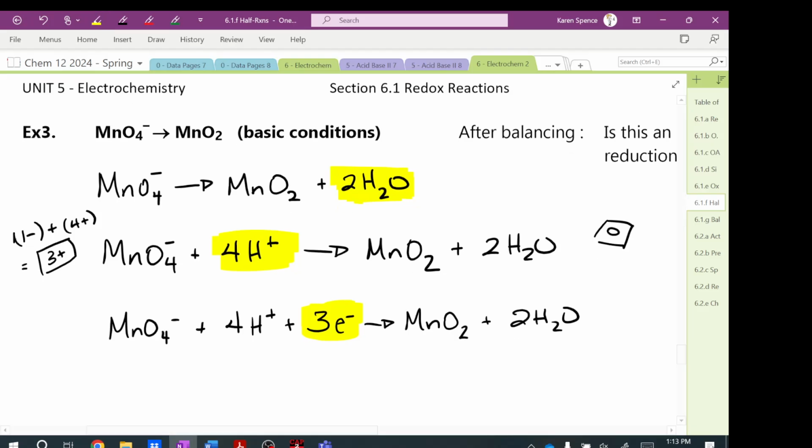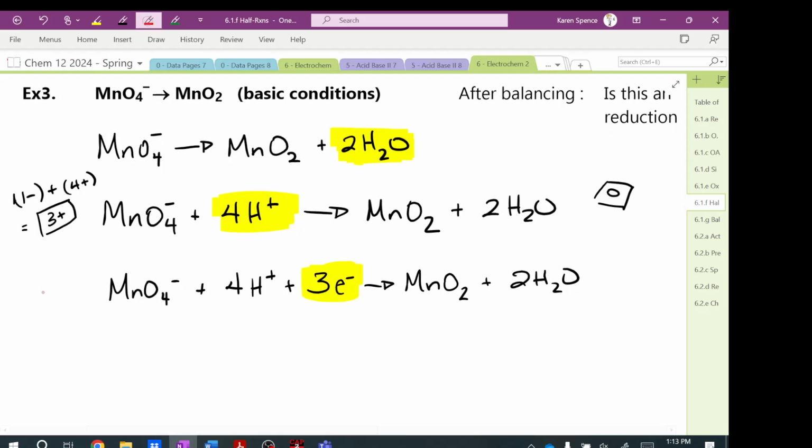If you want to check your balancing in acid, I've got that up now. Red arrows pointing to it. That's balanced in acid.